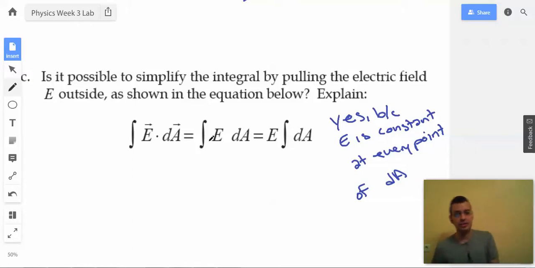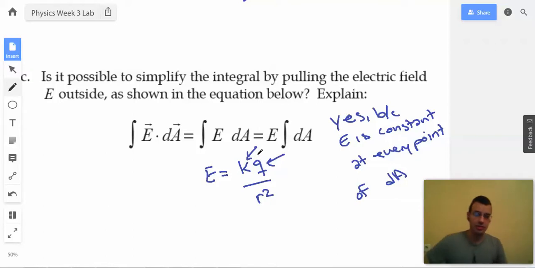If you look at the electric field equation, you're probably going to have something like kq over r squared. Q isn't changing, it's the charge to start with. K is a constant, so if it's changing, you've got bigger problems in life. The only thing that changes for the electric field here is the radius. When you say a sphere, you're saying a set radius. So this is constant, therefore E is constant. Therefore, you can pull it out.